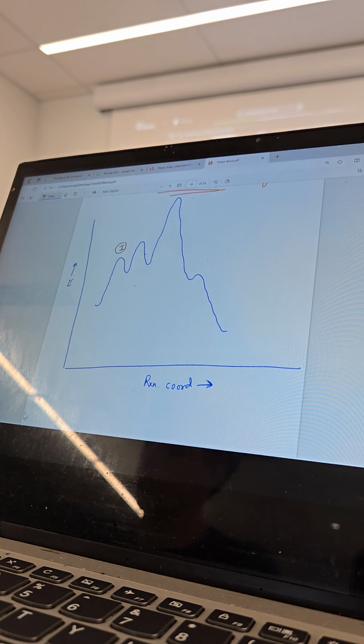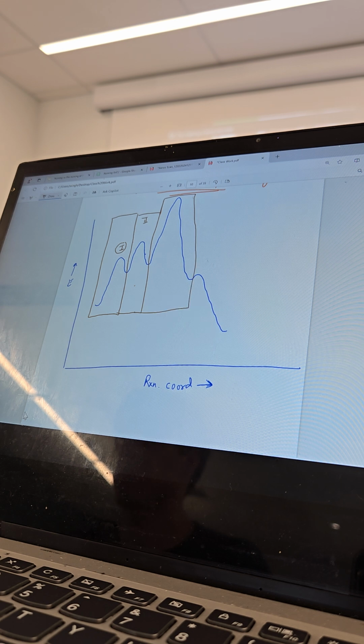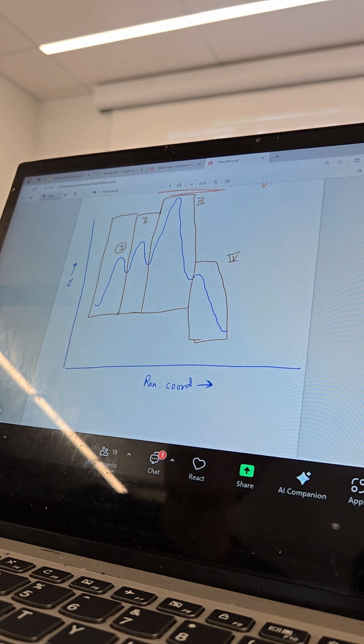So this portion of the energy diagram is for step 1. That portion is for step 2. This is for step 3 and step 4. Do you guys all agree? Yeah. Right? Okay.